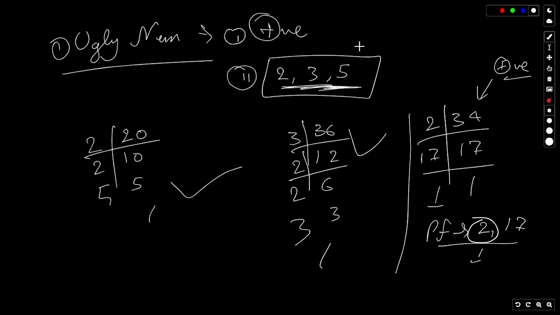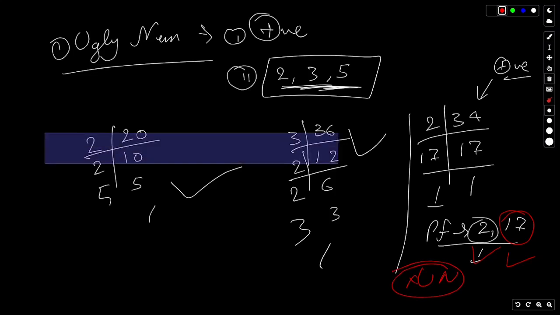We have 2 over here, but the second factor that we have got is 17, and this number is other than 2, 3 and 5. So this cannot be considered an ugly number. This is not an ugly number. So this is all that we need to do.